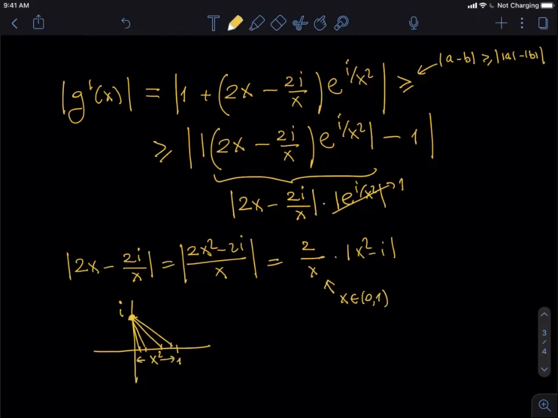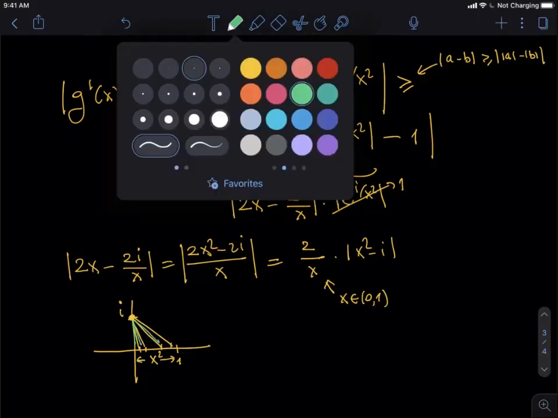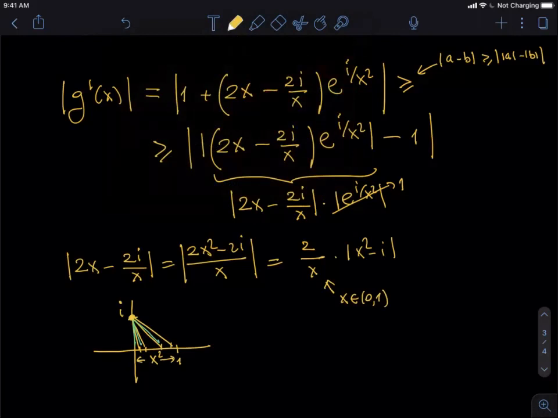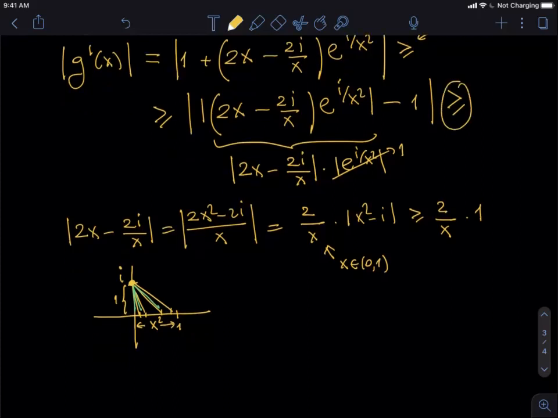But if we look at all these distances, here, here, here, we see that the shortest is precisely this distance here, which is 1. Okay, so this is bigger or equal than 2 over x times 1. Okay, so that's all we need. So now this is bigger or equal than, let's continue here, 2 over x minus 1.